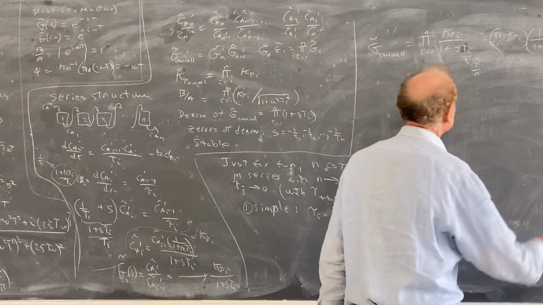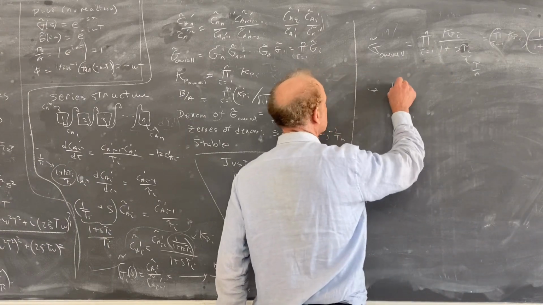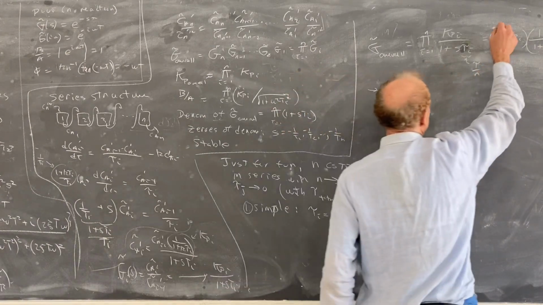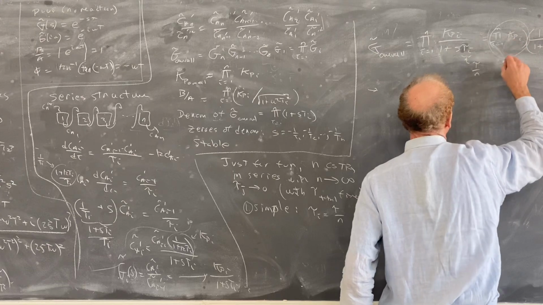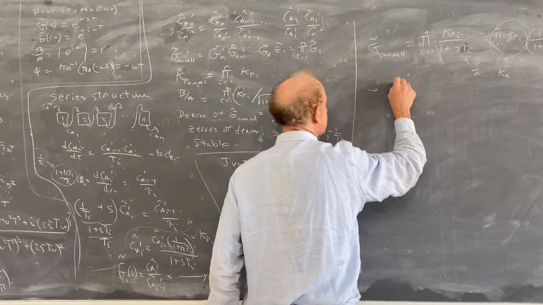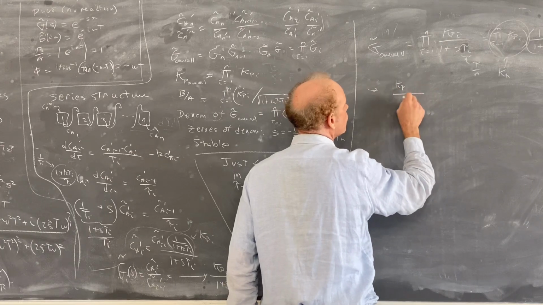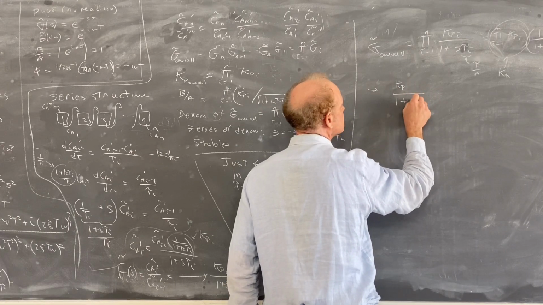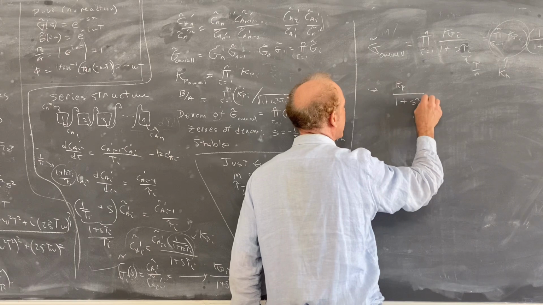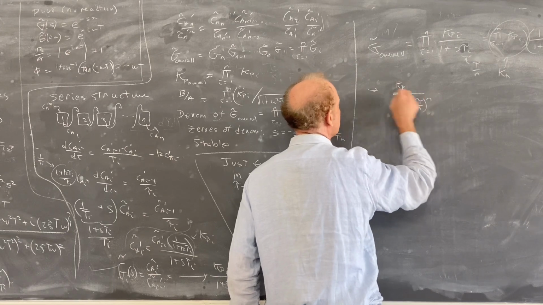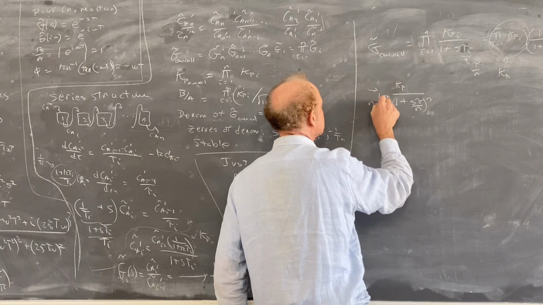Let's rewrite that, make it a little bigger. I've got this whole thing I'll just call KP, I don't have to keep writing it. So that's KP, and now I have 1 plus S tau over n raised to the nth power. And now I want to take the limit as n goes to infinity.